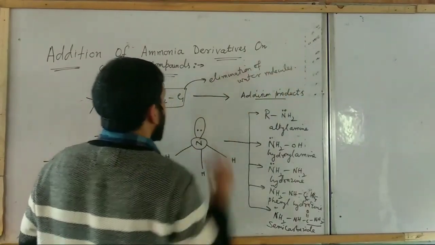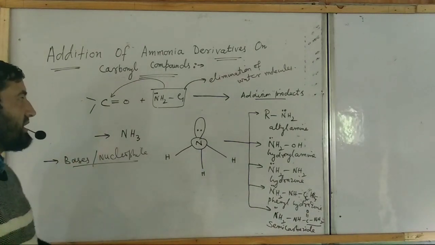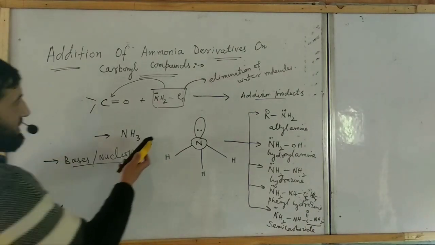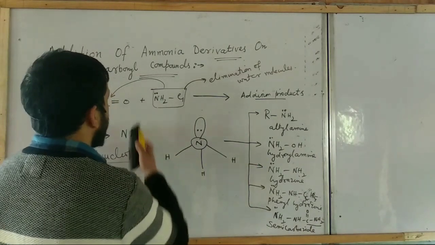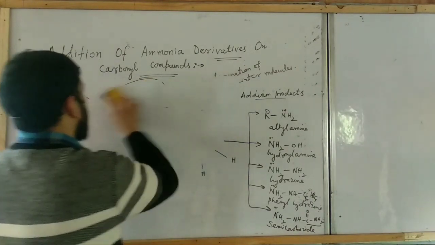So we will now discuss about the reactions of these ammonia derivatives one by one with the aldehydes and ketones. So first is the reaction of hydroxyl amine with the aldehydes and ketones. So we will discuss about these reactions.